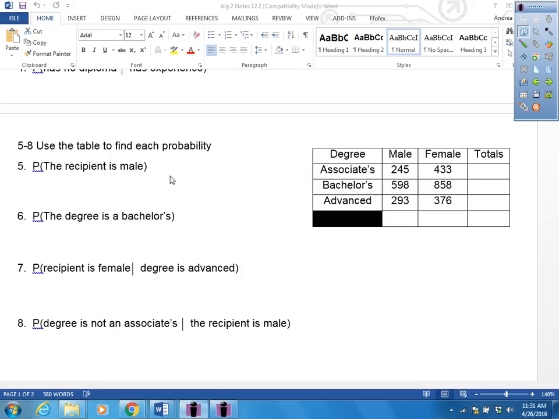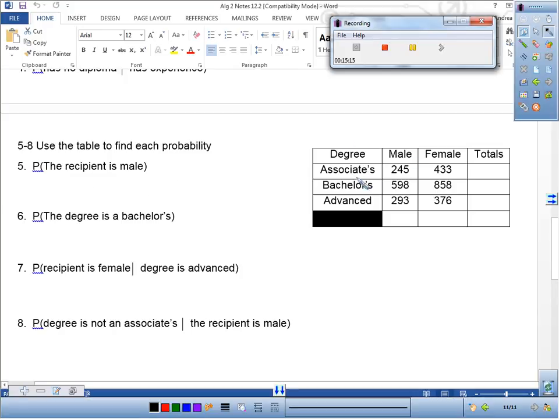Let's total these out first. Make sure we have the totals right. Okay, let's add these all up. 6, 7, 8. Oh, I can't do that one in my head. How many people have bachelors? 1,456. Advanced degree should be 669.